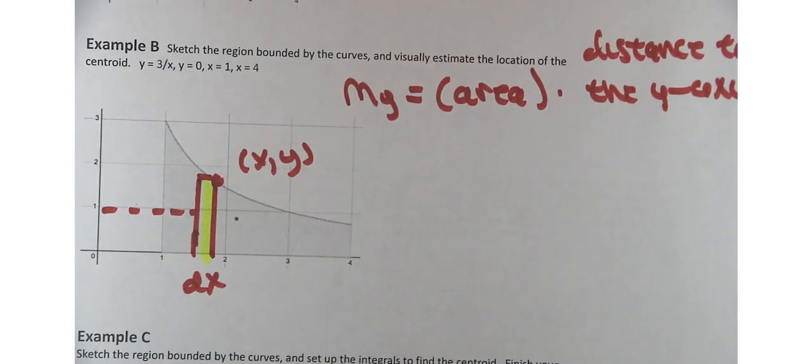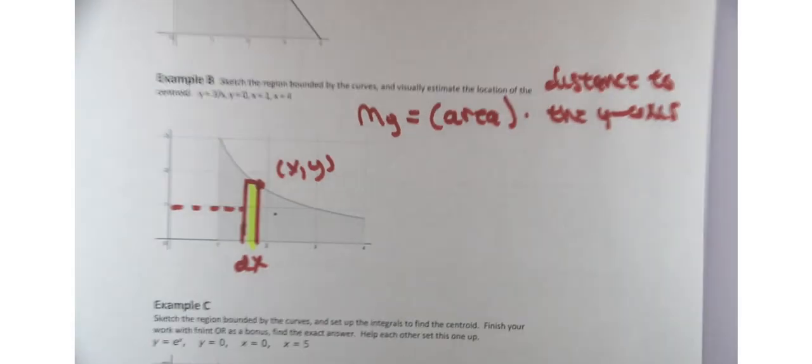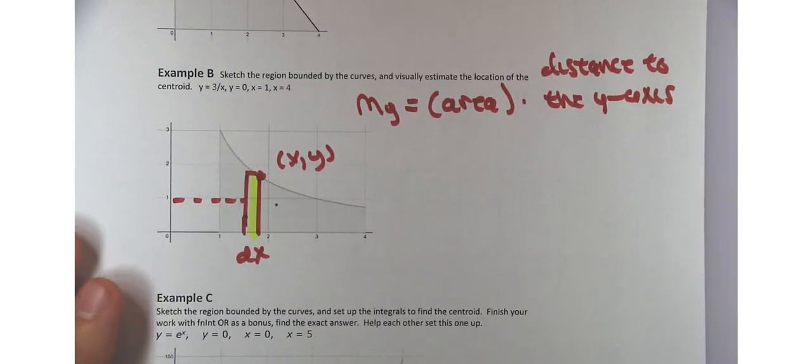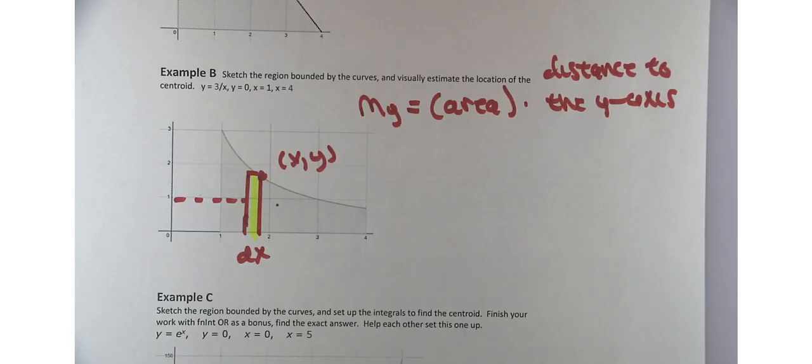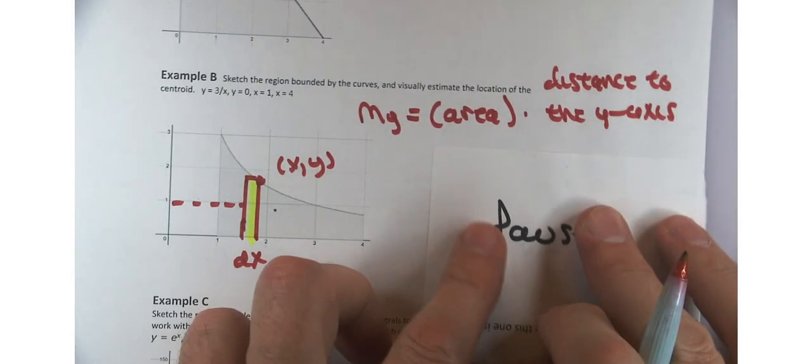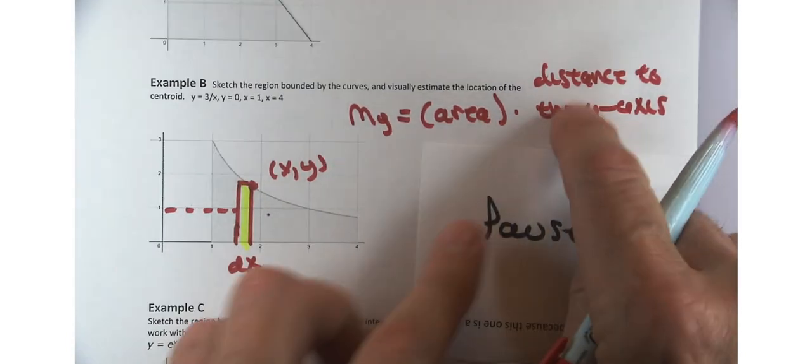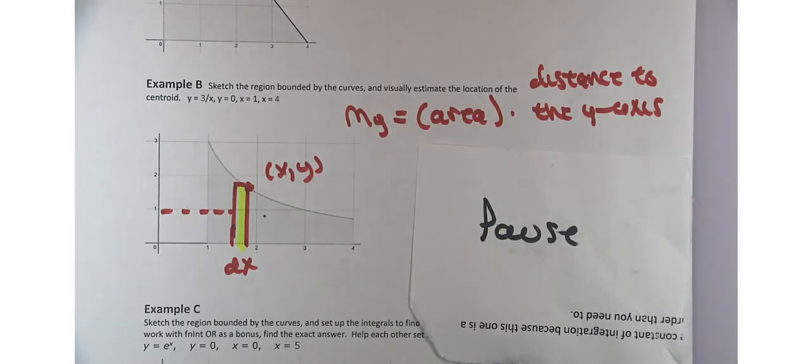See if you can fill in that distance to the y-axis for yourself, and fill in the area for yourself. If you're watching this later, pause the video and try to fill in the expressions for both of these on your own.